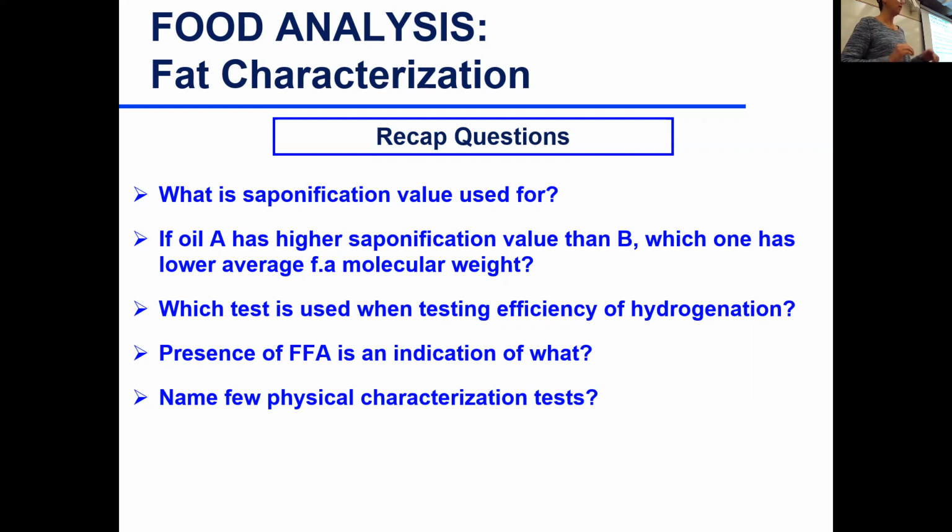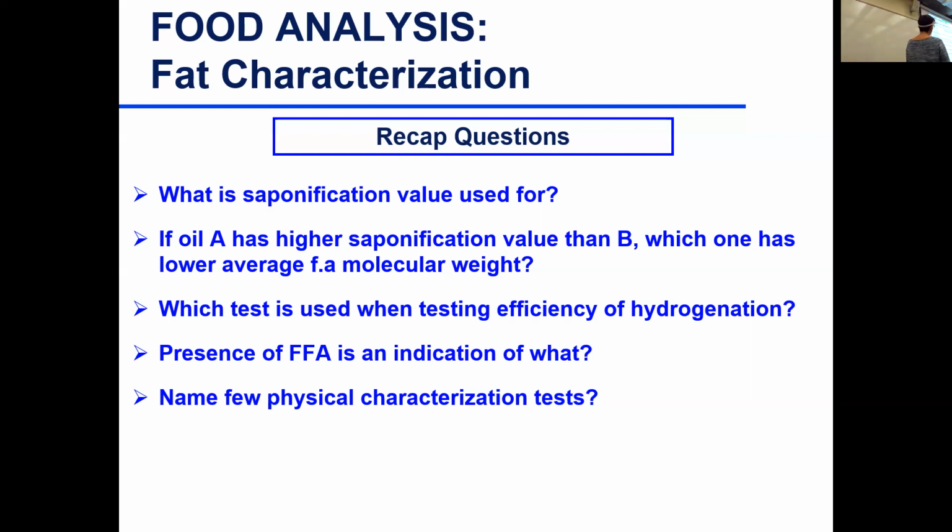Usually different oils have a unique profile with a predominant fatty acid, like olive oil has a predominant oleic acid content. Canola, it's linoleic acid. Corn is linoleic for short.